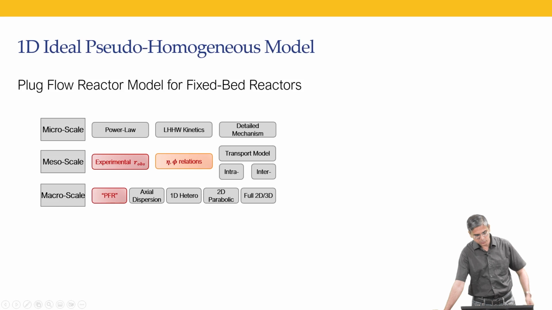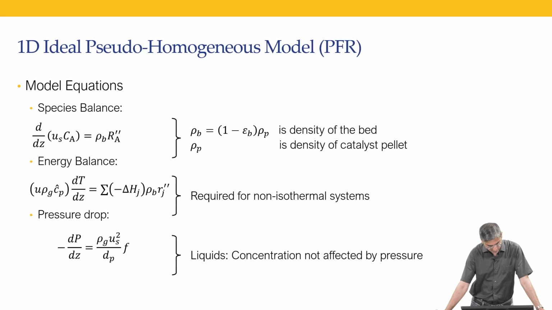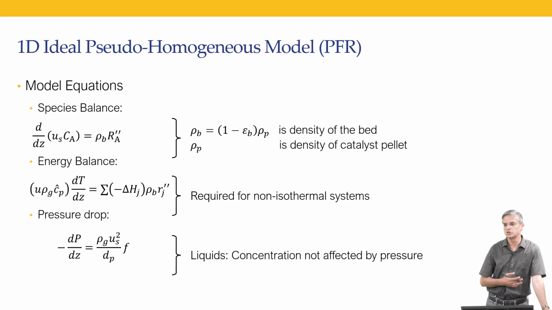Okay. This was the last slide that we did in the previous lecture, Tuesday's lecture. Okay. So, these are the model equations. Okay. And as you asked, when it comes to liquids, pressure drop is just calculated in order to ensure that you can run this fixed bed reactor without a problem.